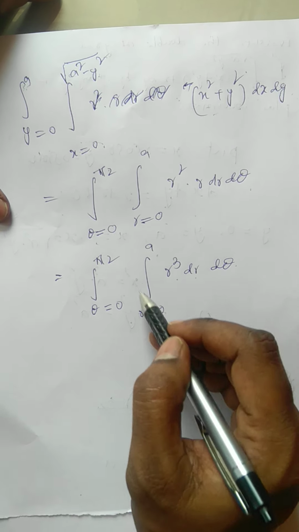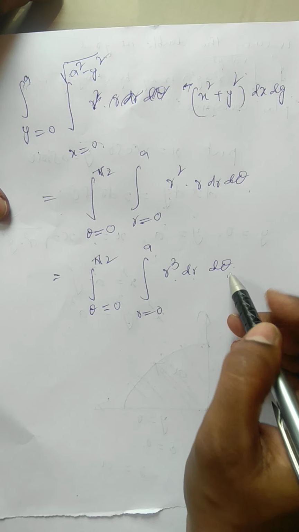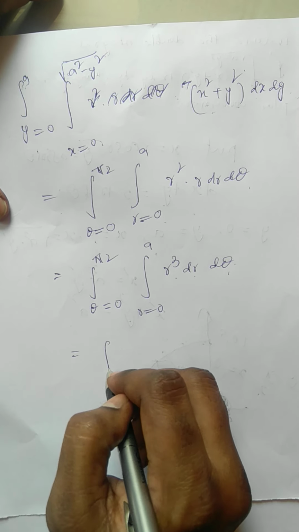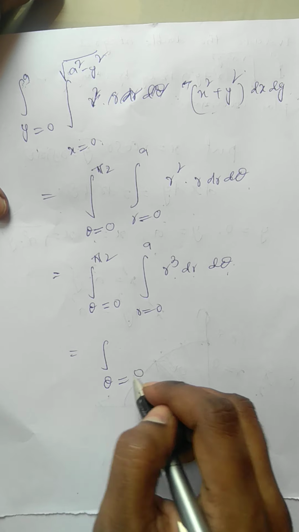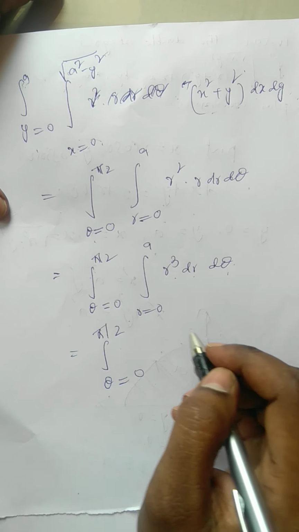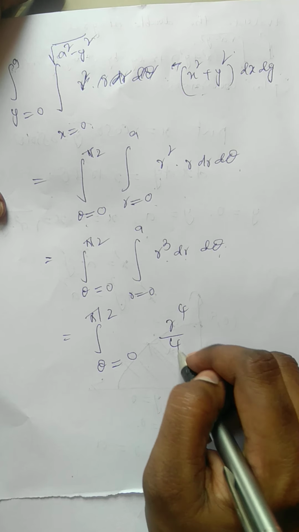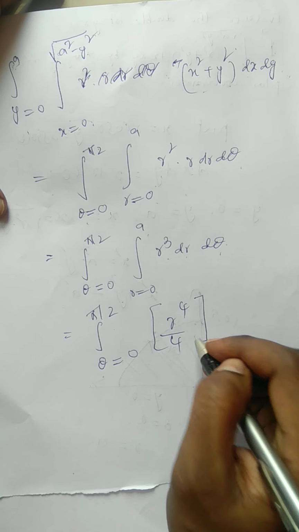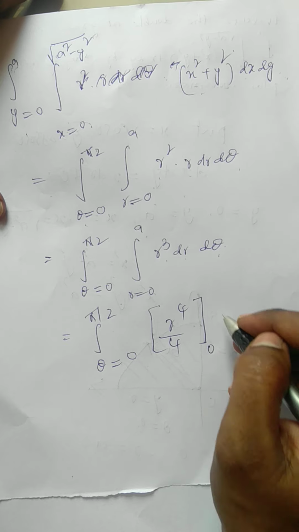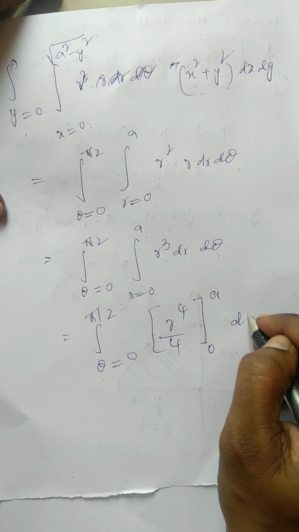Now we are integrating with respect to r, treating theta as constant. Theta equals 0 to pi by 2. Integration of r cube is r power 4 by 4, and the limits are 0 to a, d theta.